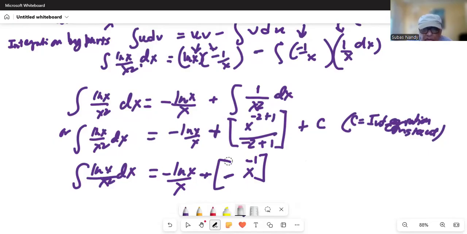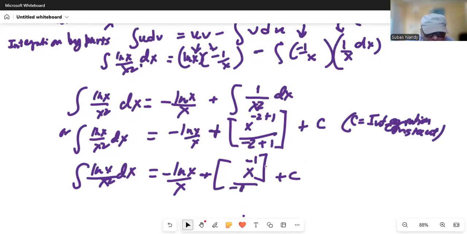So let me not jump steps. I can erase this one. Okay, and then I go back here. This is in the denominator, it is minus 2 plus 1 is minus 1 and plus c.